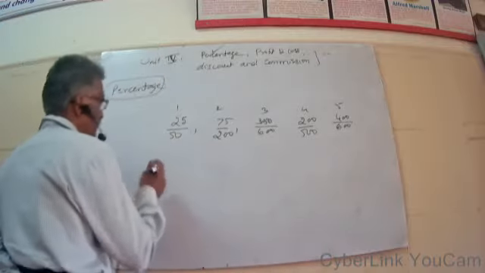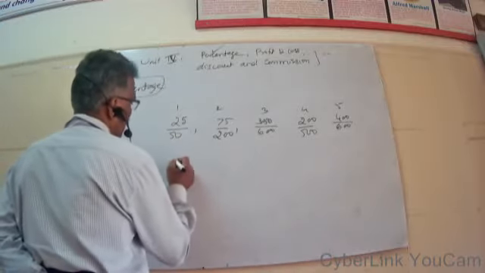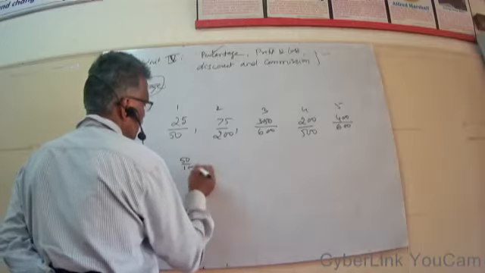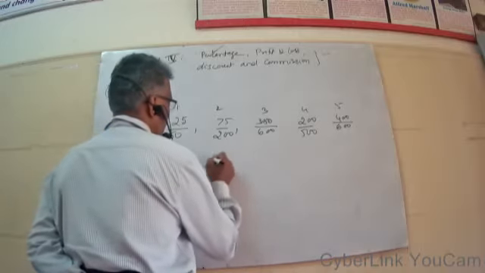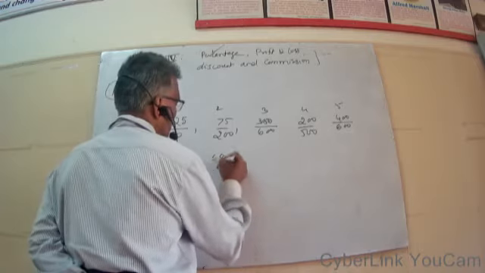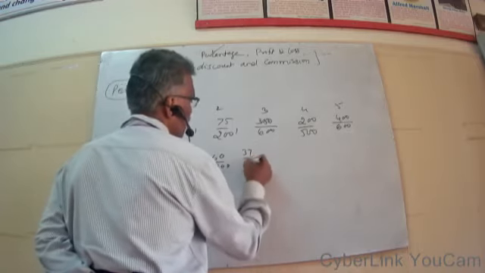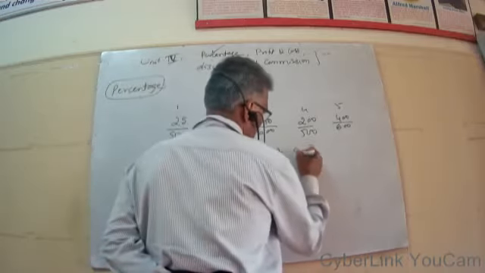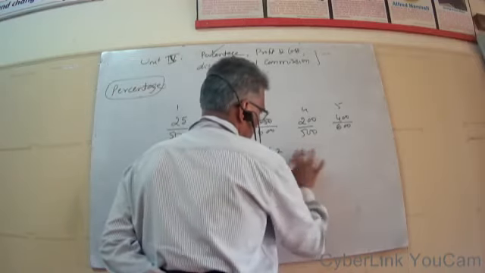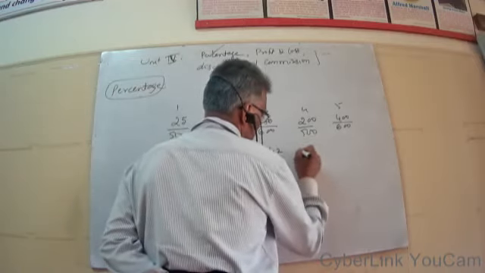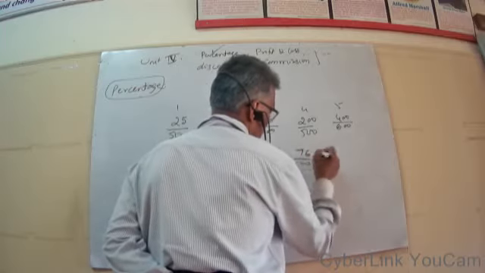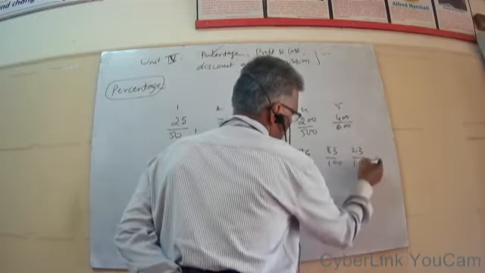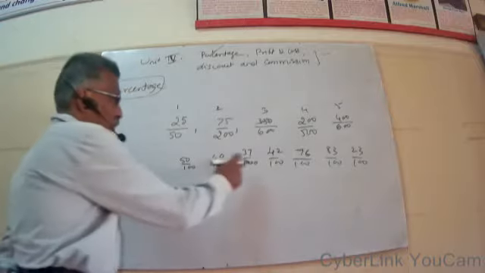Instead of saying, if I say like this, say 50 by 100, 50 by 100, and 60 by 100, and 37 by 100, and 42 by 100, and 98 by 100, or say 76 by 100, and 83 by 100, and 23 by 100. 1 2 3 4 5 6 7.